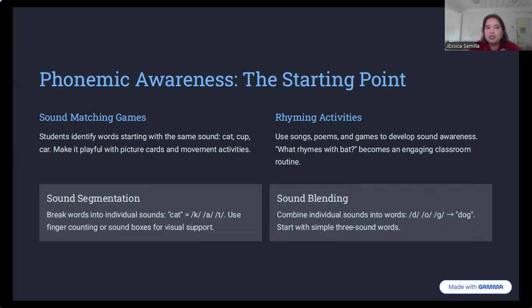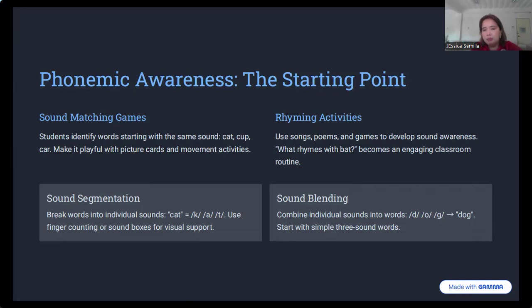So what are the strategies for developing phonemic awareness, or how are they going to be aware of sound? One, they have sound matching games or any other playful games where the sound can be coordinated or categorized to a certain picture, because the sound would mean vocabulary.